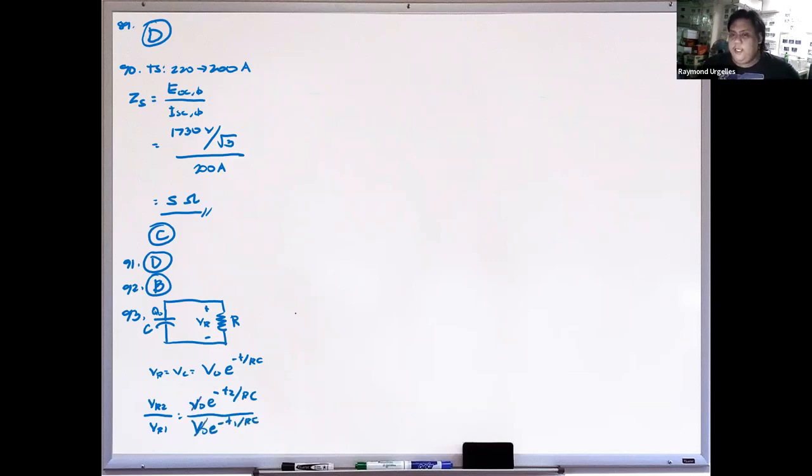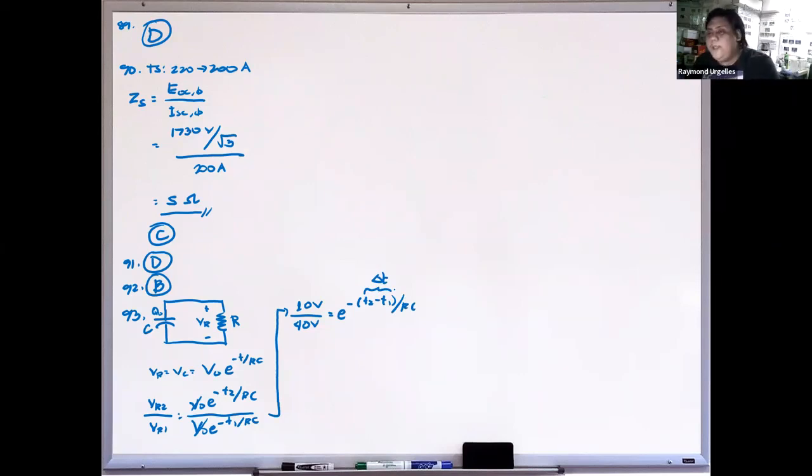When we rearrange and substitute the given, VR2 is the 10 volts and VR1 is the 40 volts. By the law of exponents, this will be e raised to negative of t2 minus t1, divided by RC. This t2 minus t1 is what we are looking for in the problem: the amount of time for it to decrease from 40 volts to 10 volts.